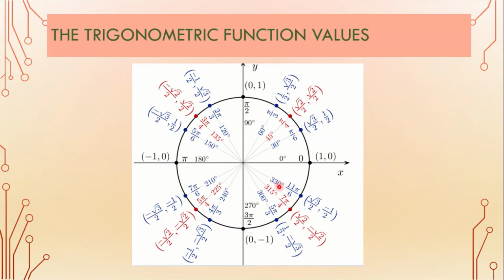We have here 330 degrees, and cosine of 330 degrees is square root of 3 all over 2, and the sine of 330 degrees is negative 1/2, and it's similar to the sine of 30 degrees, that is 1/2. The only difference is the sign. Okay, so for the angle located below the x-axis, the sine value of 330 is negative 1/2.